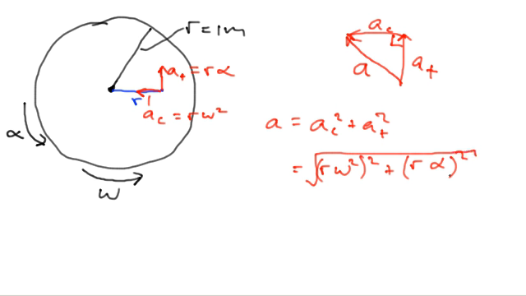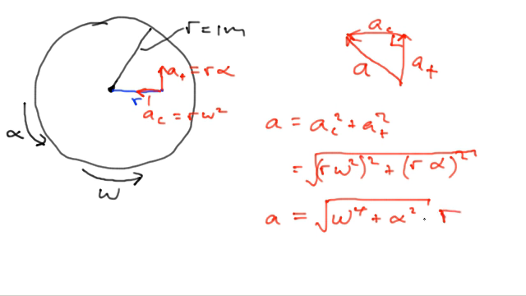And I can indeed factor an r squared out of both terms, and then take it right outside the square root where it becomes an r. So we got a is just equal to the square root of omega to the 4th plus alpha squared, times r. So that's interesting.